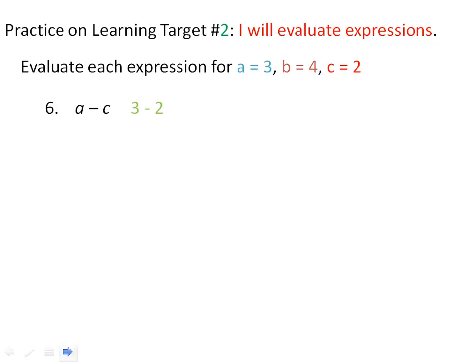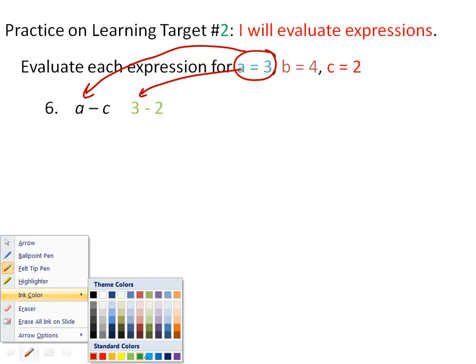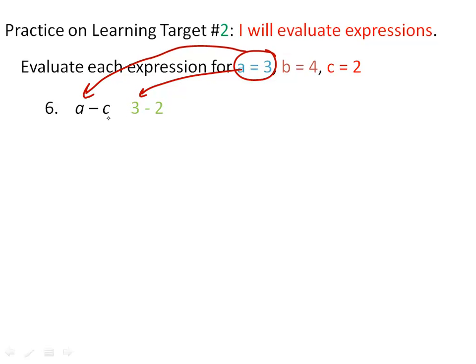So then we just substitute. A is 3. So we put 3 in its place. And then minus c. C is 2. So as you can see, we just substitute the 2 for c, and then obviously that's just very quick mental math. The answer is 1.